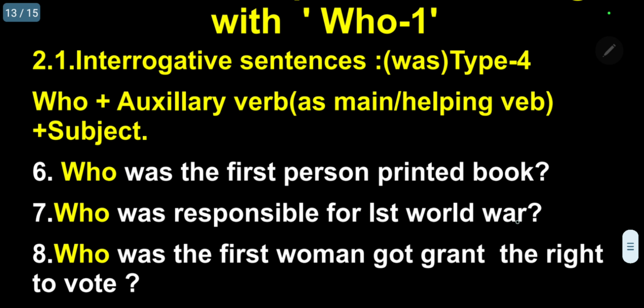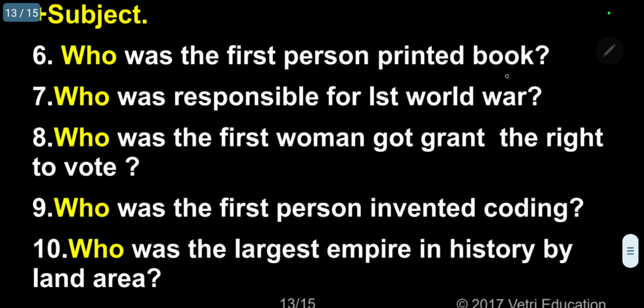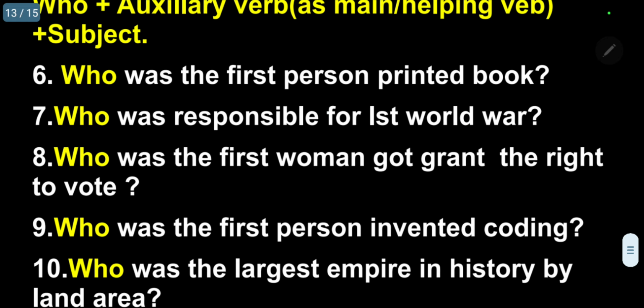So, I will go for another 5 sentences. Who was the first person printed book? Printed book. So print is the main verb, was is the helping verb. Who was responsible for First World War? So here there is only one verb, that is was, acting as a main verb. It is an auxiliary verb.